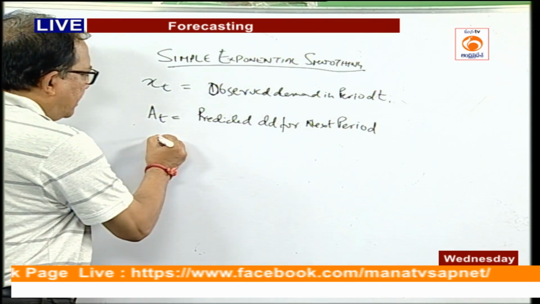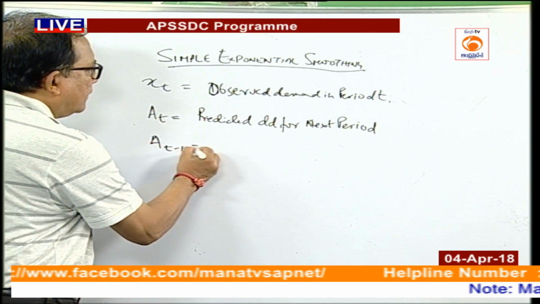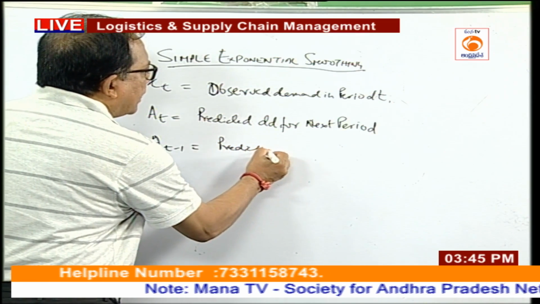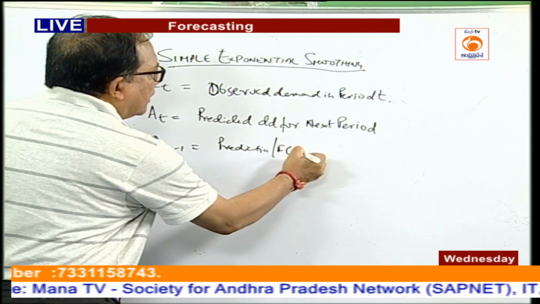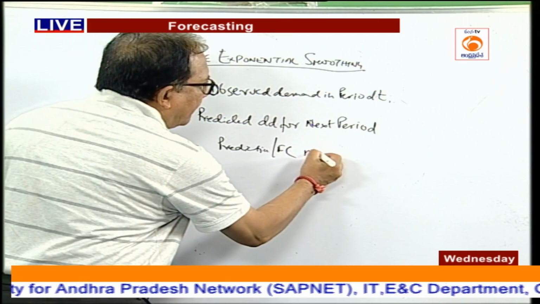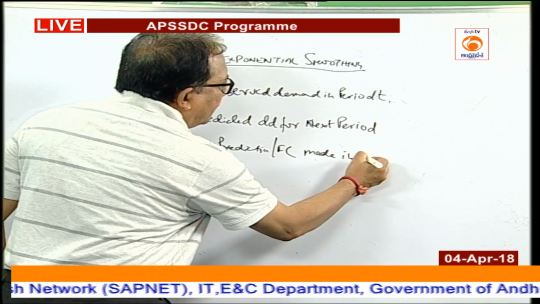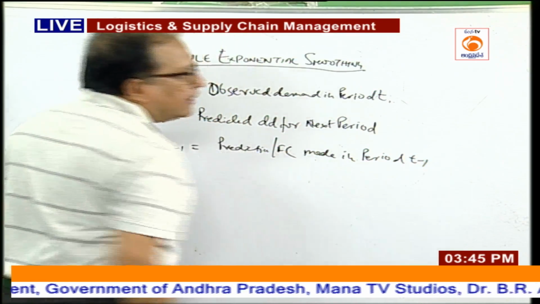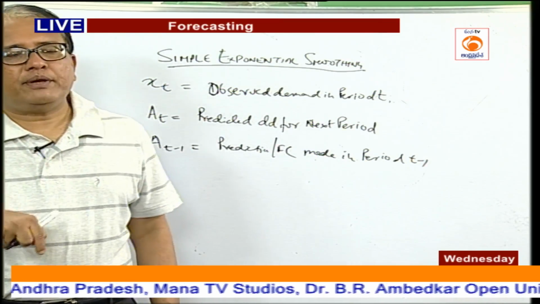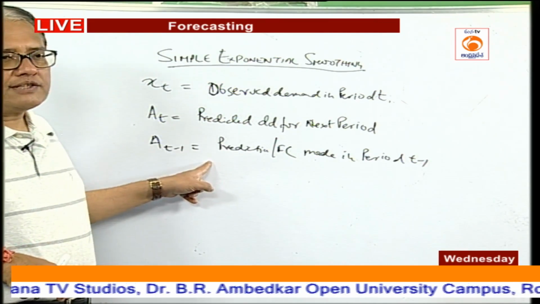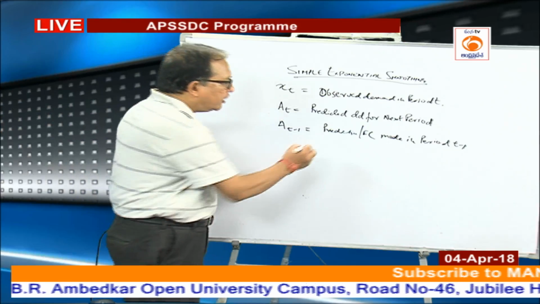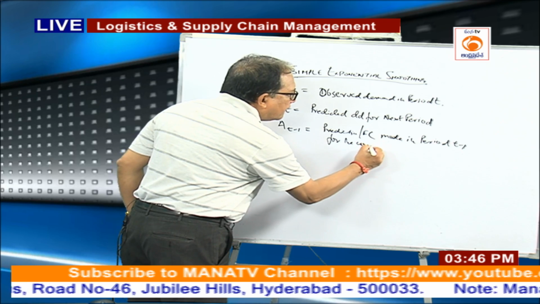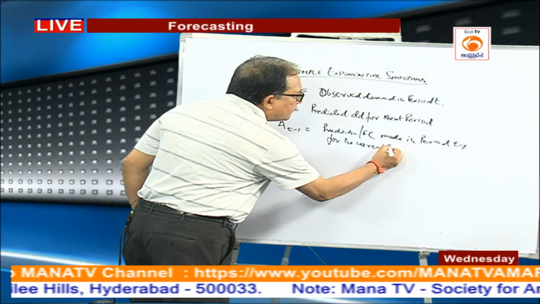Let A t minus 1 be the prediction or forecast made in period t minus 1. That means, if t is the current period, then the forecast that was made in the previous period for the current period.